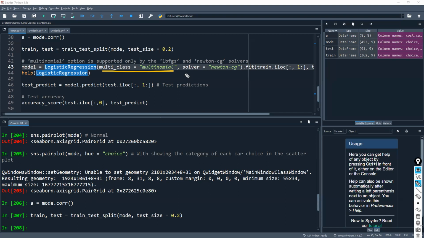And here, when it comes to solver, this is one kind of an optimization technique where you have various techniques such as Newton-Raphson technique. There were two scientists. One person was Newton, another person was Joseph Raphson. They both have come up with some optimization technique, basically. Whenever you have nonlinear equations, when you want to find the solution pertaining to that, people use this Newton-Raphson technique. Okay, and this Newton CG that we are seeing there in the function is one of those optimization techniques.